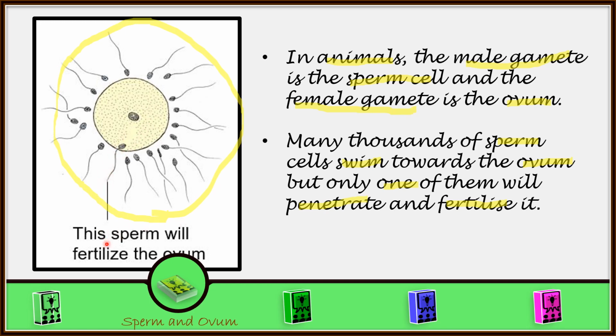This sperm will fertilize the ovum. It is only this one. As soon as it has entered, a mechanism is going to be created which is going to prevent the entry of the other sperms into the ovum. So it is only this sperm which will penetrate and fertilize the ovum.